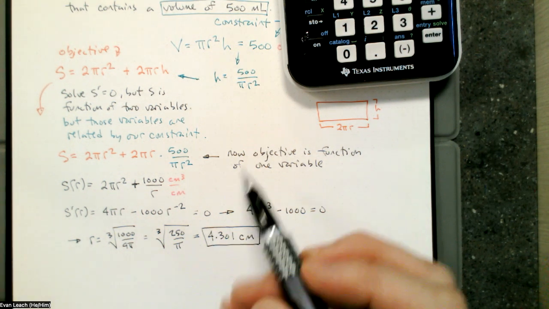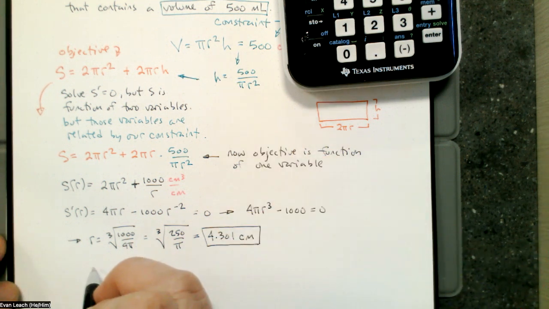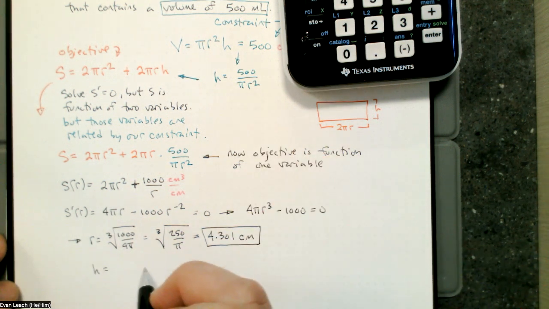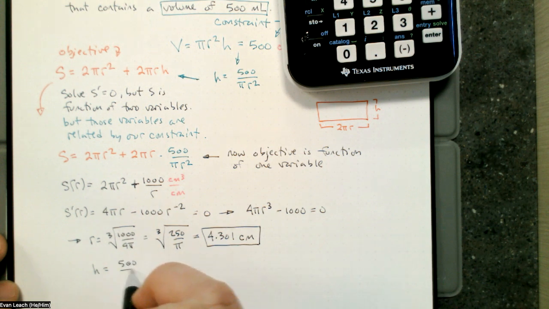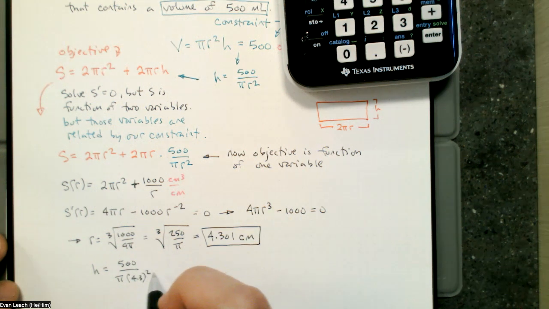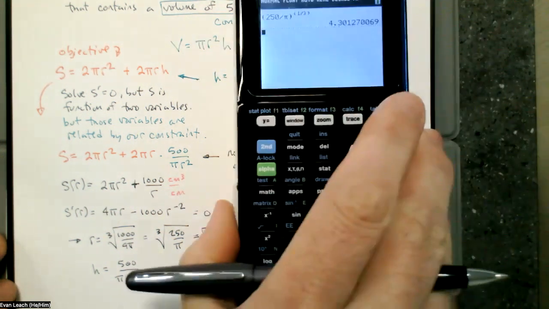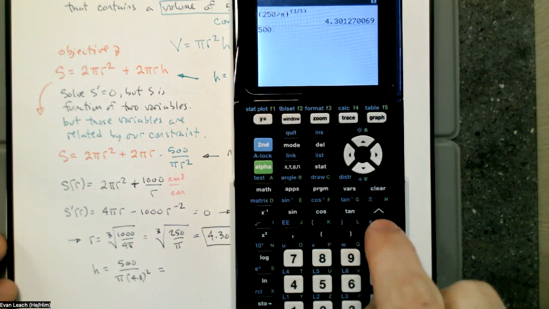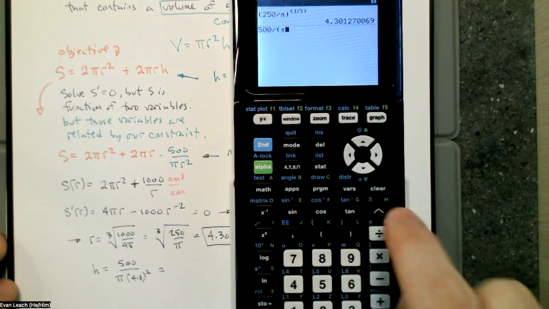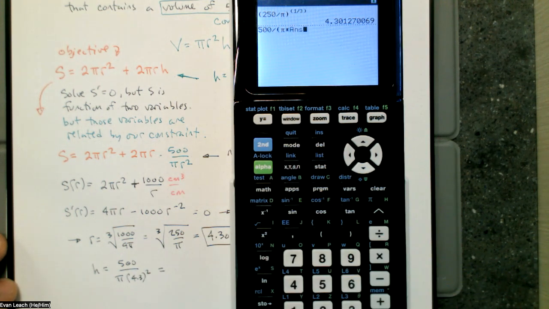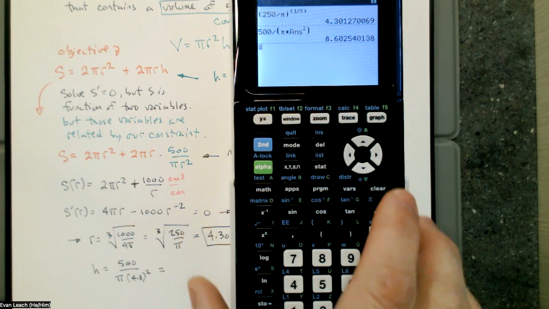Once we have our radius, we can combine that with our height, and now we have the dimensions of our cylinder. So our height is 500 over pi times this radius squared. We'll take 500 and divide it by pi times this number squared. Only the answer is getting squared, multiplied by pi, and then 500 is over that. So 8.60.